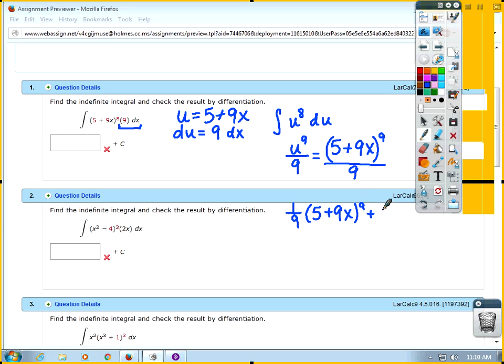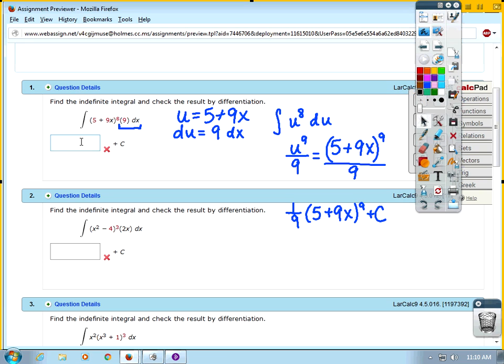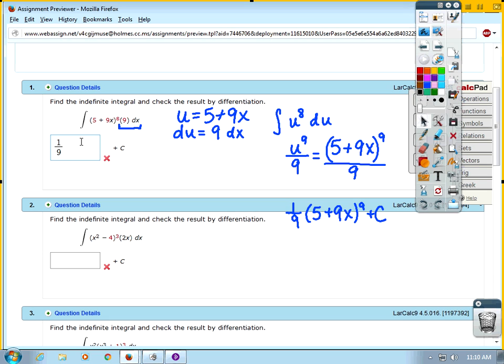Remember, on paper you would always put your plus c since these are indefinite integrals, but WebAssign puts the plus c for you already. So they make it a little easier. So let's check that answer.